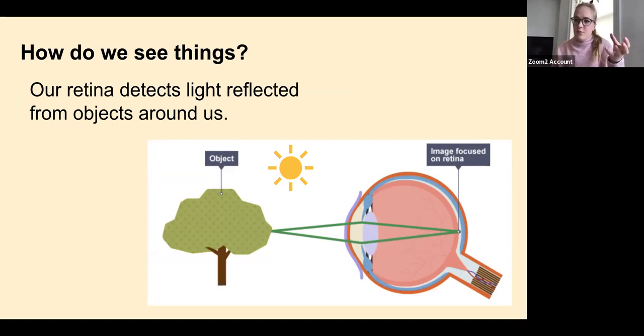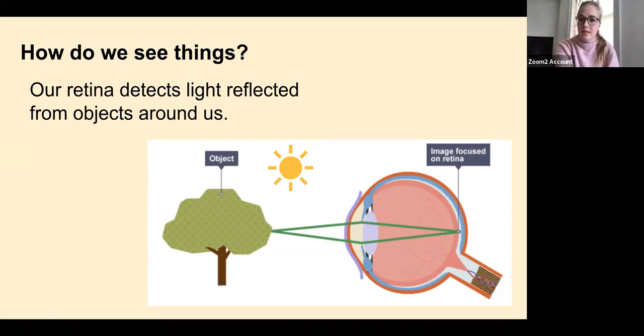Some of these wavelengths are absorbed by an object and others are reflected, and the colors of the light that are reflected are the colors that we see. So if I've got a green marker here, this is absorbing all the colors from the sun that's coming from my window, and it's only reflecting the green wavelengths, and that's why I see it as being green.